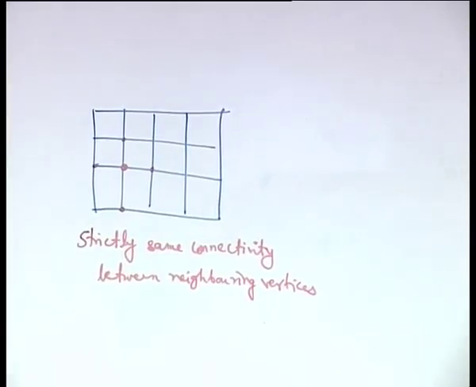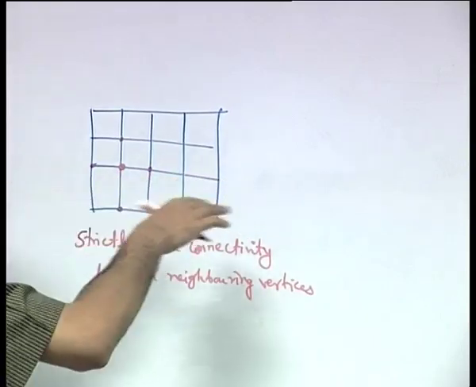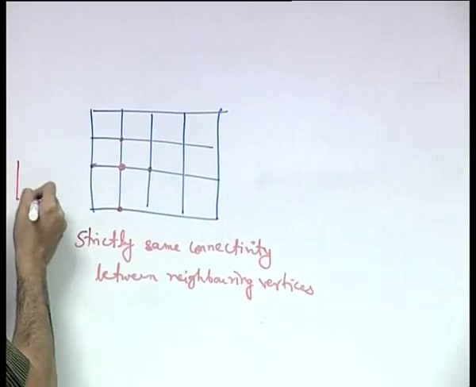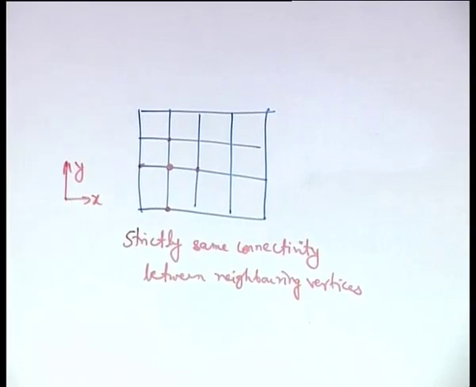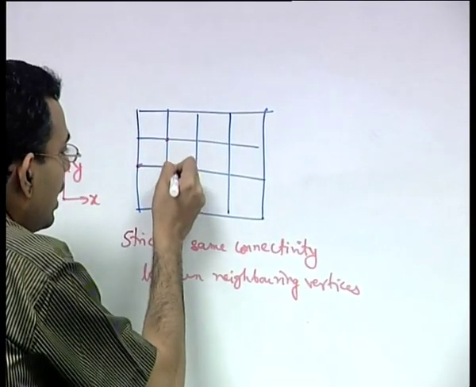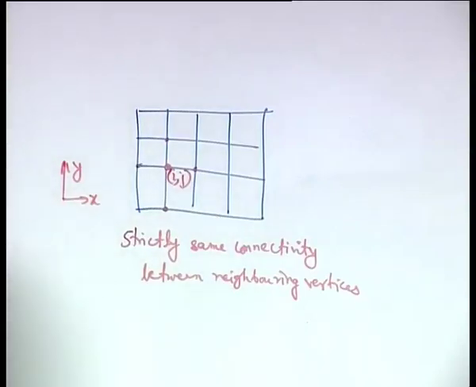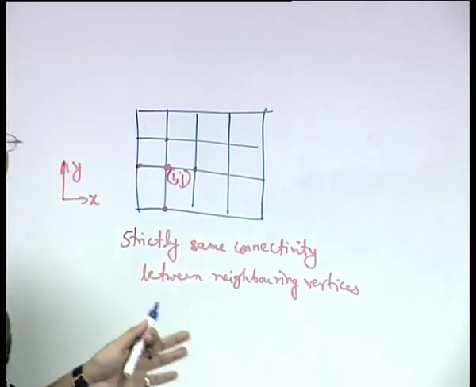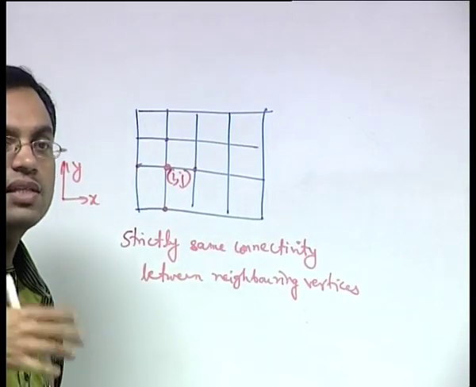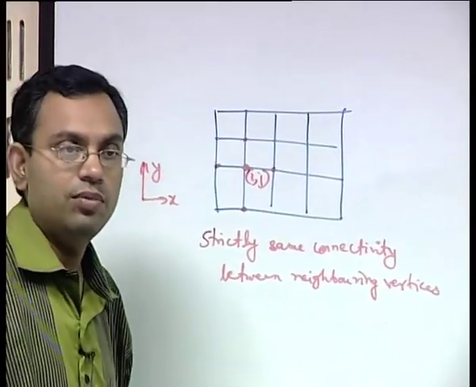The other thing is that because the grid lines are laid along respective coordinate directions, it is possible to give an index to each vertex or grid point as i, j for a 2 dimensional problem, and by using 3 indices i, j and k for a 3 dimensional problem.